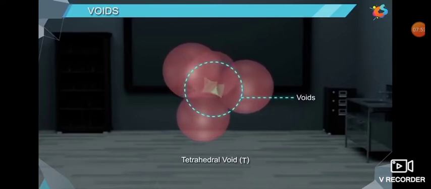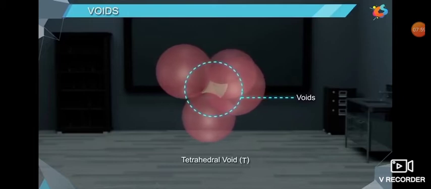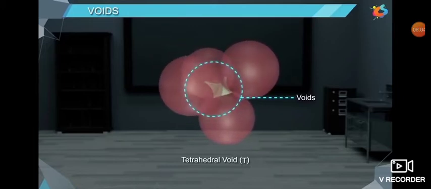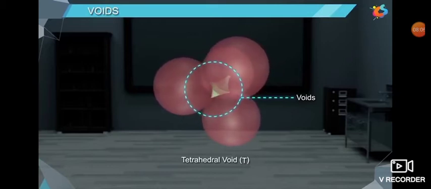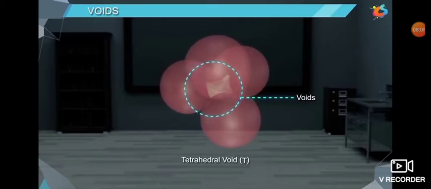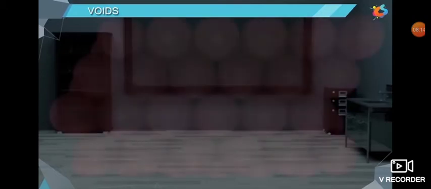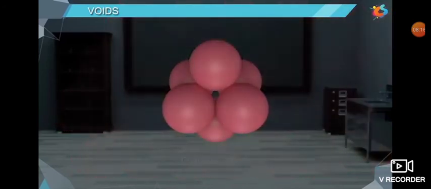This is what you are seeing, the tetrahedral void. That means the first layer and second layer together, at the center of the first layer sphere, create a void. That is what we call the tetrahedral void, because that void is created at the center of the first layer sphere.